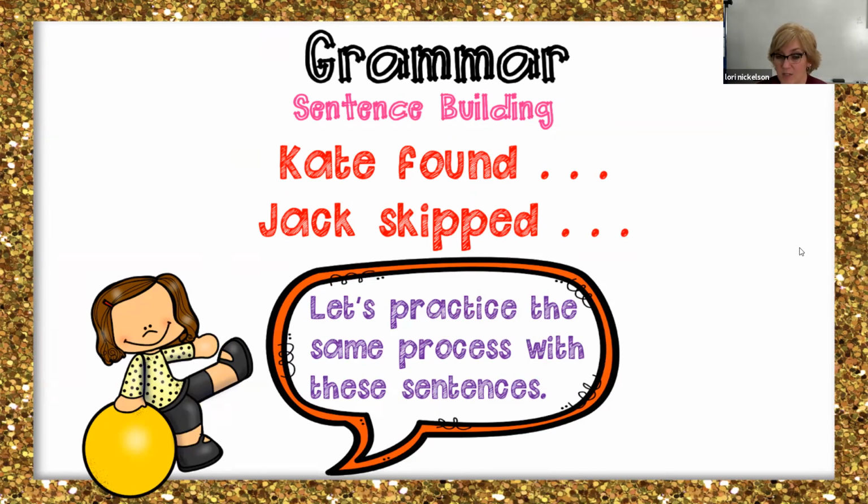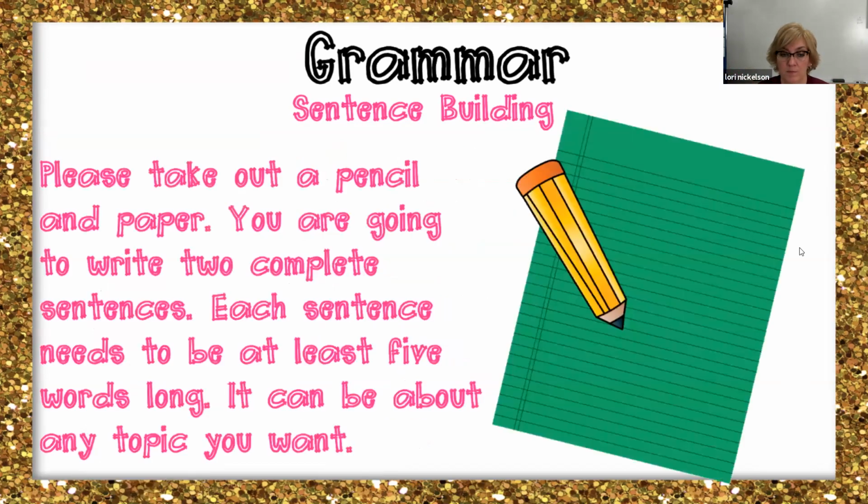Jack skipped. Where did he skip? Think about that. All right. So you work on those two sentences and make sure to expand them out. So that's the two sentences that I want you to work on right now.